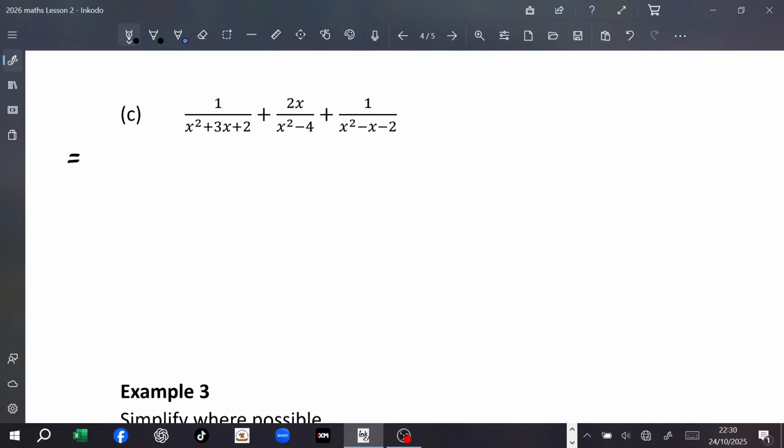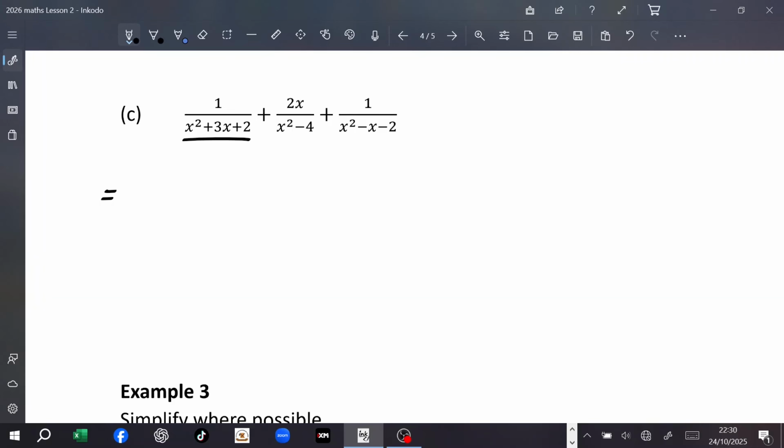So this one is quite complex in my opinion, but despite it being complex, we can try to find the common denominator. Okay? We will find the common denominator. So let us first simplify each one of them. Let's simplify the denominators alone.